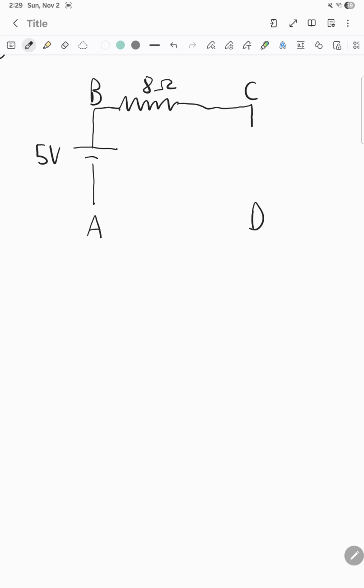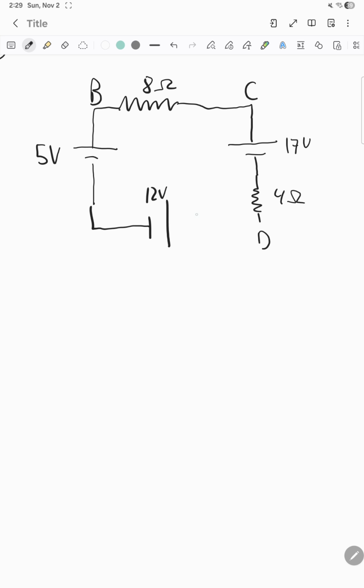Goes to C. Now we have a battery of 17 volts. And we have 4 ohms here. This goes to D. And then you have another battery of 12 volts, just like that.